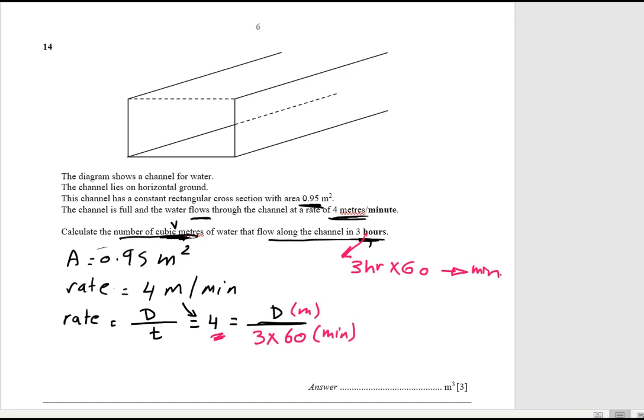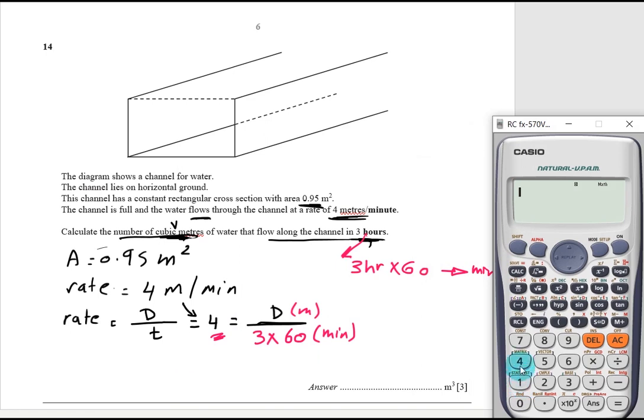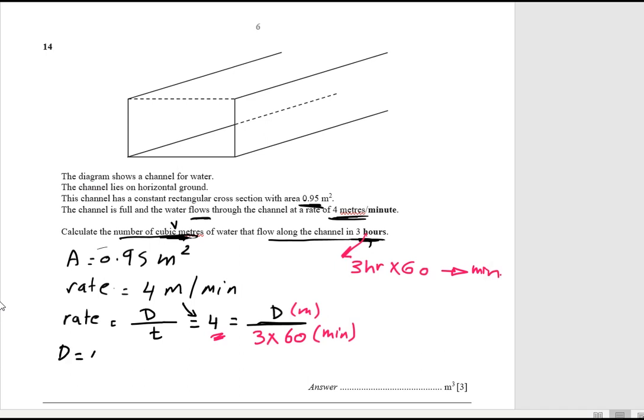Let us go and find the answer. The distance will equal 4 multiplied by 3 multiplied by 60, which is 720 meters.